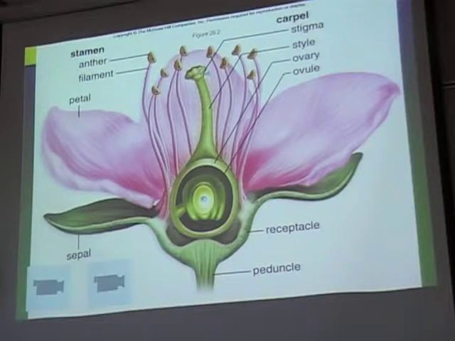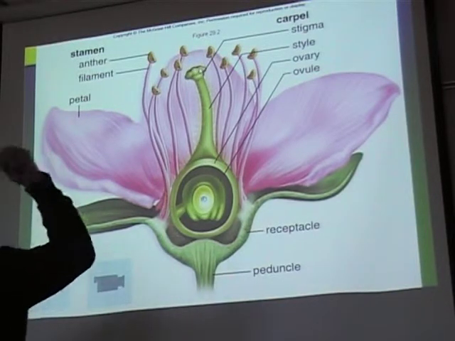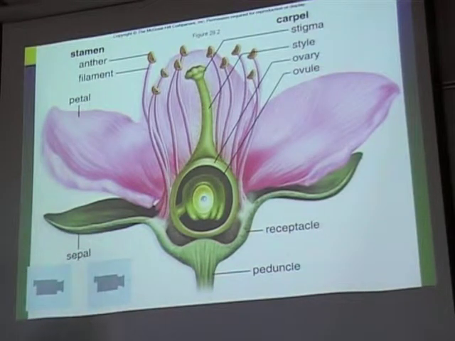And then the pistil, or the carpel, this middle part here has 3 parts to it. The stigma on the top, it's very sticky. And the reason why it's sticky is so pollen will stick to it. It's a sticky stigma. I remember that it's sticky because sticky, stigma, they both start with sti.